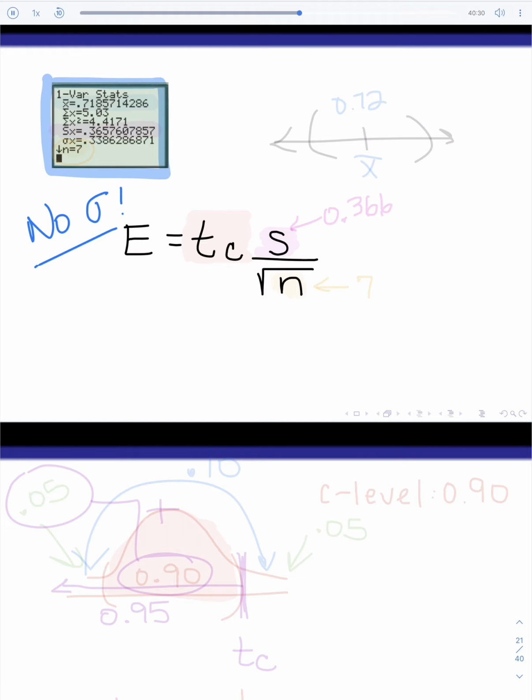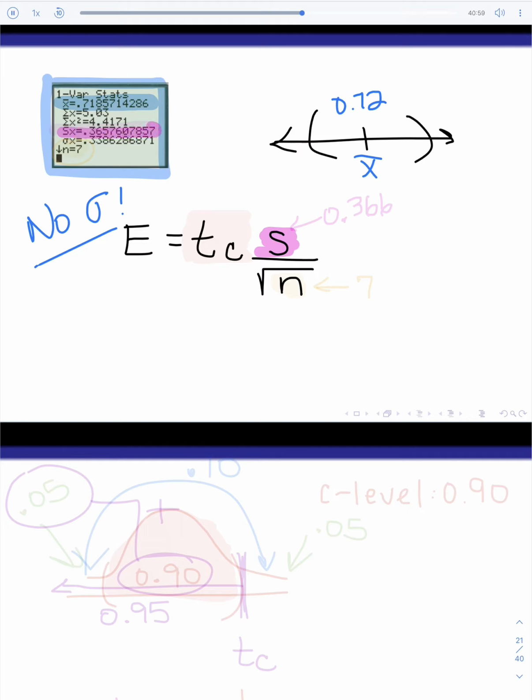Well, we know that we're going to definitely need that X bar, the sample mean, because that's what goes in the middle of our confidence interval when we go to build it. So we will need that mean, and I'm going to go ahead and write that down, 0.72, because we are going to use that. Notice, according to the formula, I also need a sample standard deviation, S, which is there.